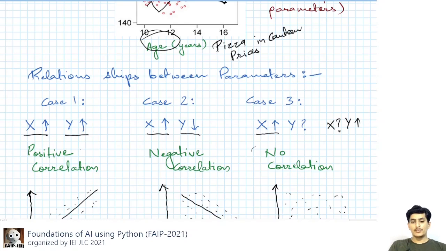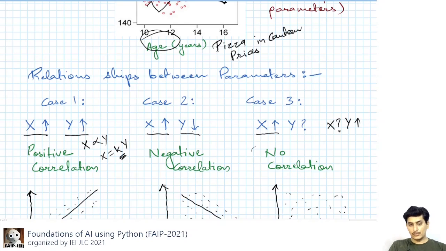But proportionality is a very definitive relationship where if x is proportional to y, then x equals some constant multiplied with y. So it is not correct to say that x is proportional to y, but it is somewhat like that. So when x grows, y also grows. Or whenever we see larger values of x, we see larger values of y. In such cases, we say that we have a positive correlation between these two parameters.